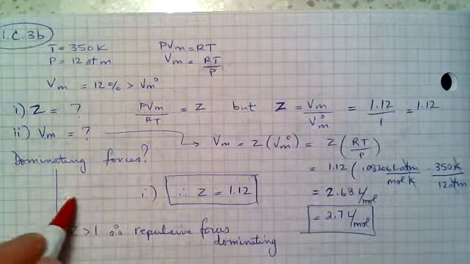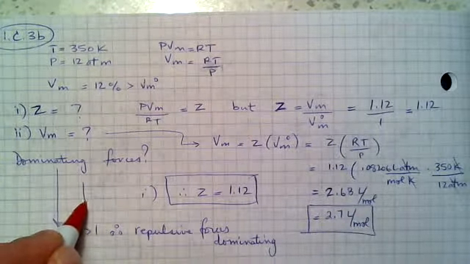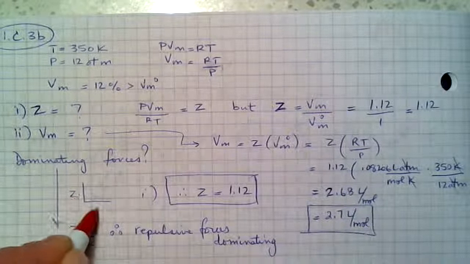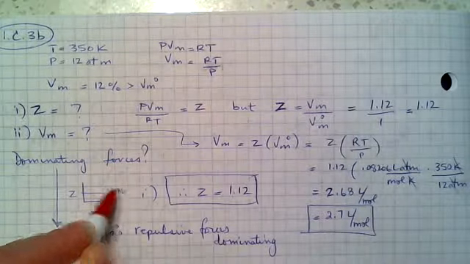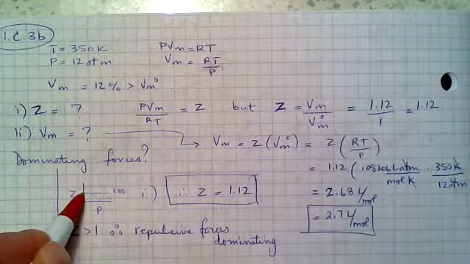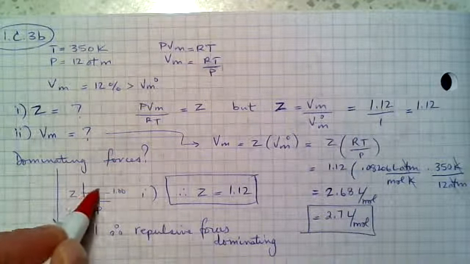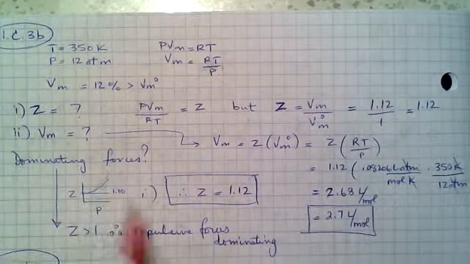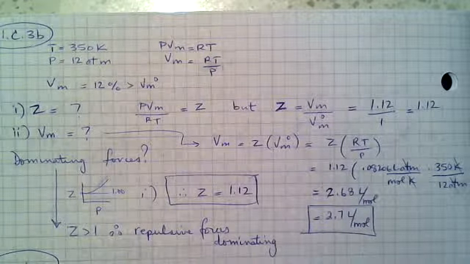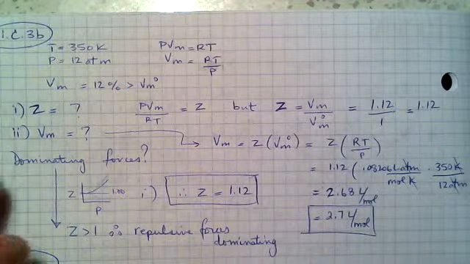So if I needed to sketch for this gas Z versus pressure, I would draw my reference point of 1.00, and since the dominant force is repulsive, I'm predicting my Z to be greater than 1. So that's how I would do that one.